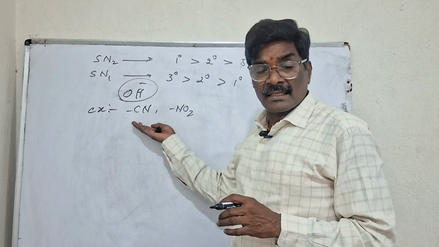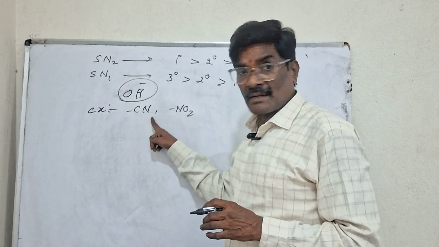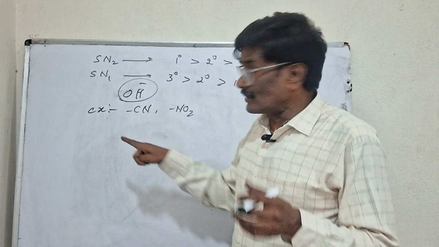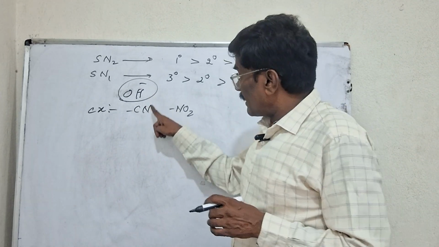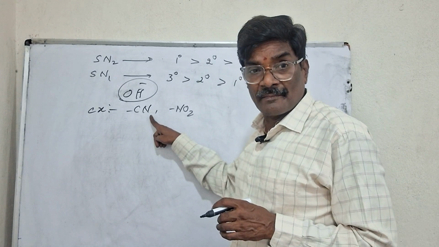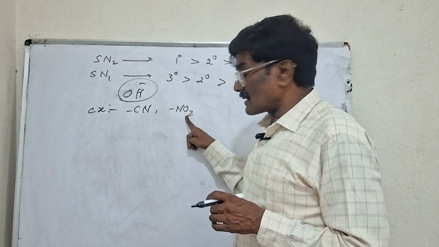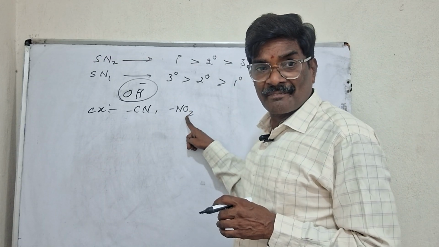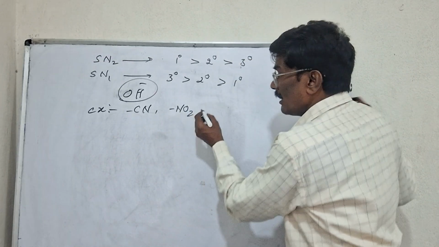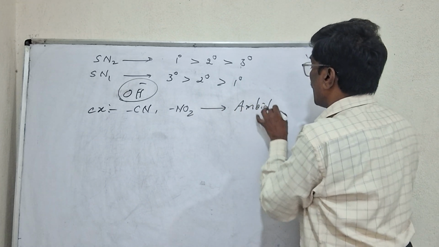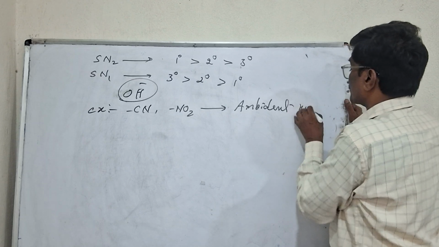Because in these nucleophiles there are two atoms, and both act as a nucleophile. Carbon acts as a nucleophile, nitrogen also acts as a nucleophile. Here also nitrogen acts as a nucleophile, oxygen also acts as a nucleophile. Such nucleophiles are called ambident nucleophiles.